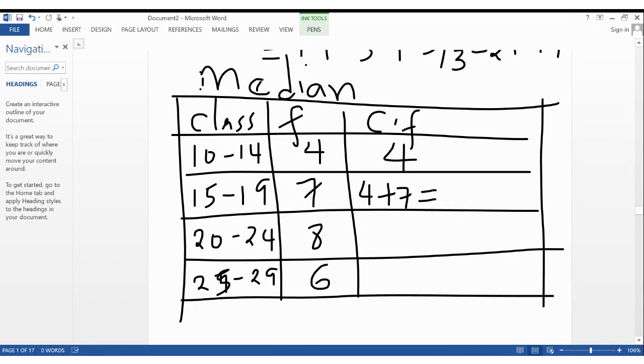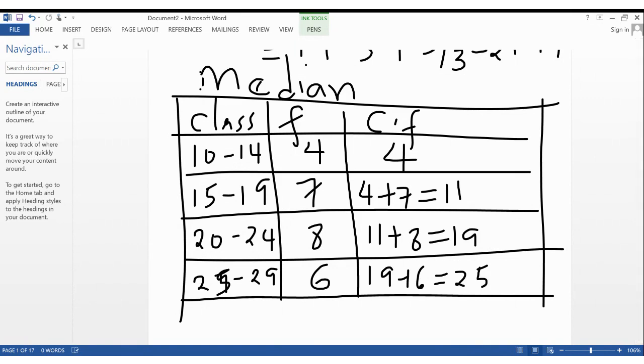Then we add 11 plus 8 to get 19. Then we add 19 plus 6 to get 25. So that's how you get the cumulative frequency. The first frequency, you just list it.